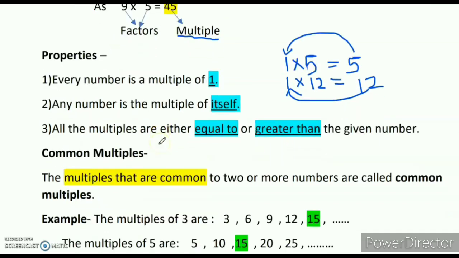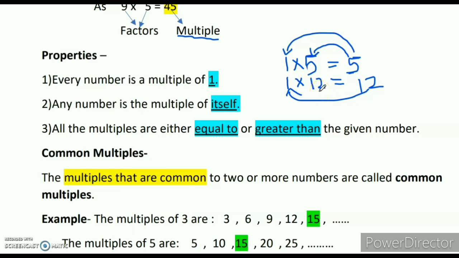So let's move on to our second property. The second property says any number is a multiple of itself. Let's see how any number can be a multiple of itself. From here, 1 multiplied by 5 is 5, so we can say that 5 is a multiple of 5 itself.